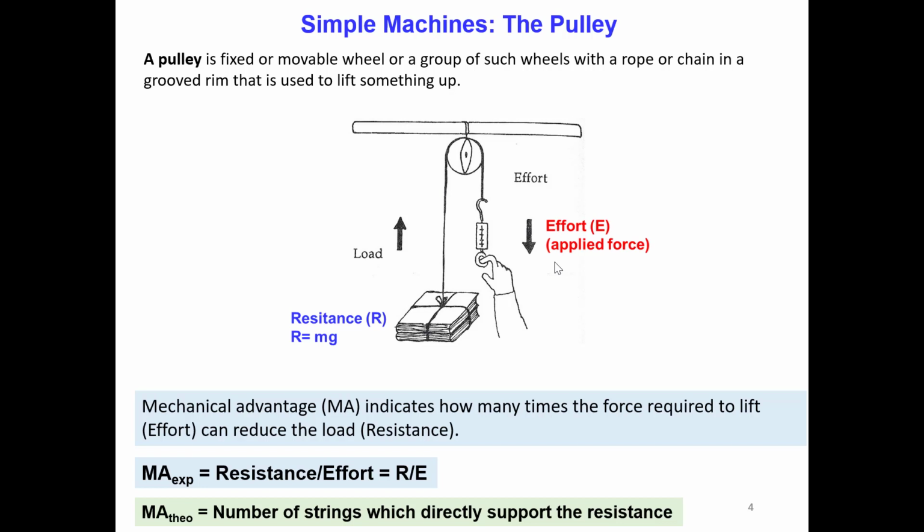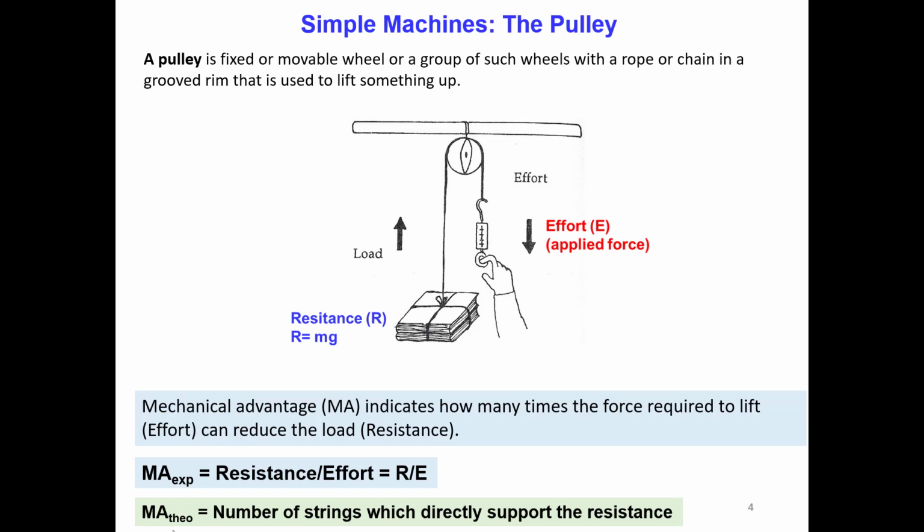The other variable we need to take into account is the mechanical advantage. This indicates how many times the force required to lift, that means the effort force, can reduce the load, that means the resistance. This is why we can calculate the mechanical advantage if we divide the resistance by the effort force. This is the ratio of the resistance to the effort force.